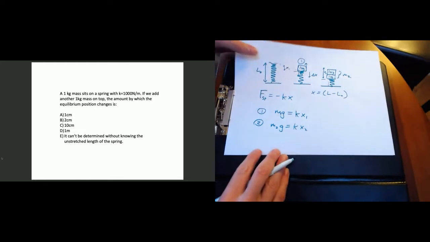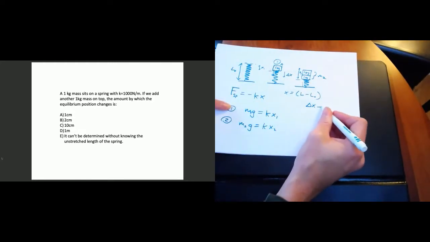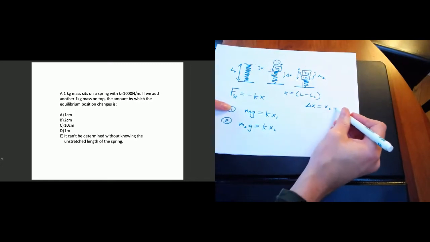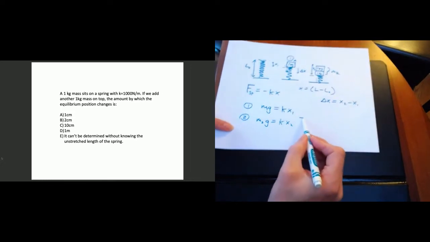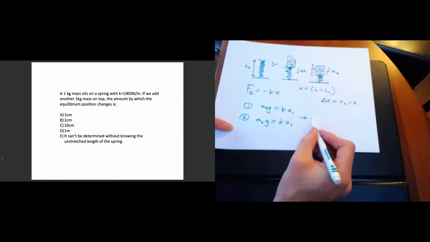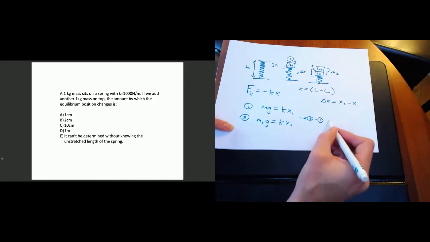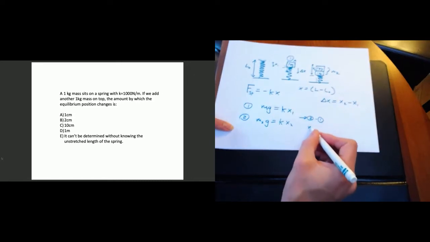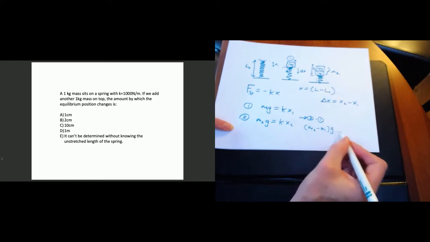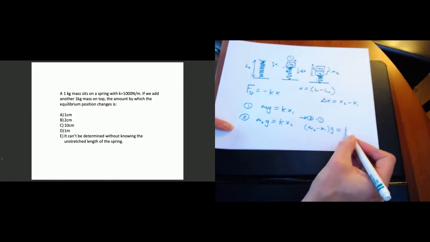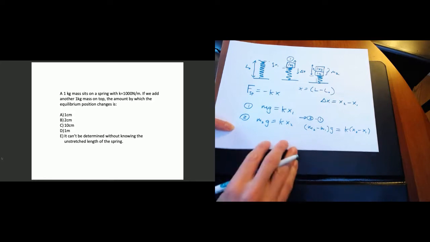Okay. Now in our question, what we're asked to predict is delta x, which is x2 minus x1. And so what we can see is that by combining these two equations, more specifically by subtracting equation 1 from equation 2, we get an equation (m2 minus m1) times g is equal to k times (x2 minus x1).